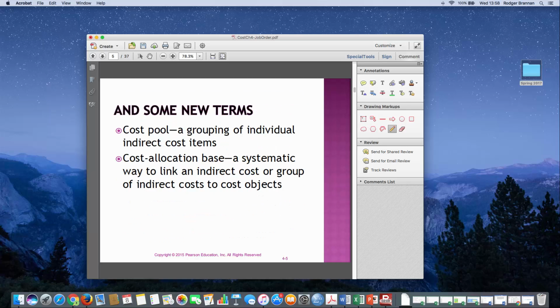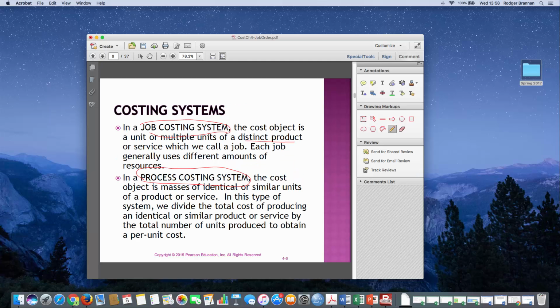An example of process costing might be in the refining business: you take crude oil, you pump it into a refinery, and you produce gasoline. What you end up with is a lot of gasoline where you can't tell one gallon from another. So that's the distinguishing characteristic between job order costing and process costing. Can I distinguish a unit of output from another? If I can't, then I really can't use job order costing.